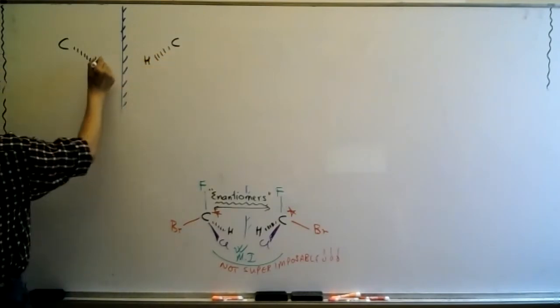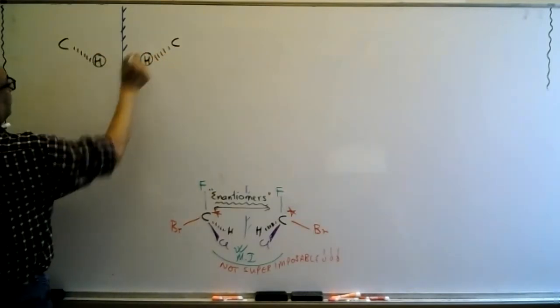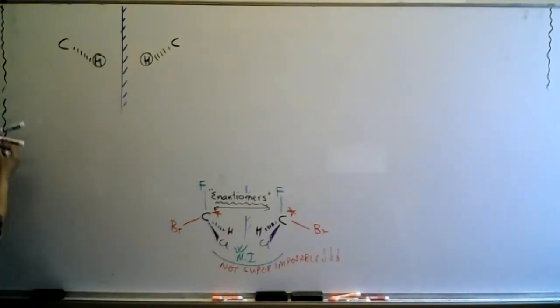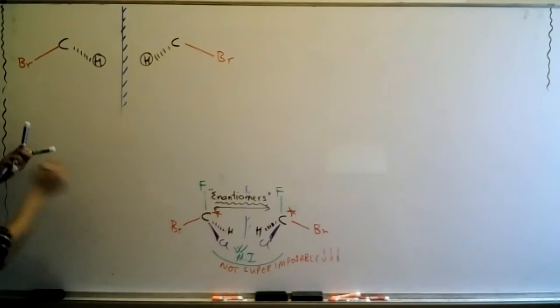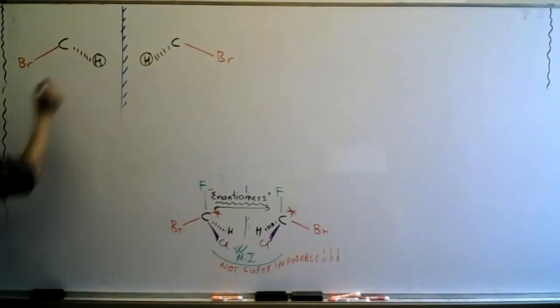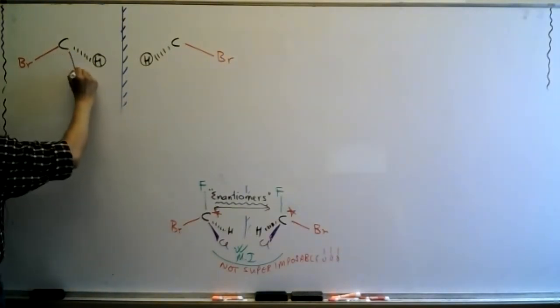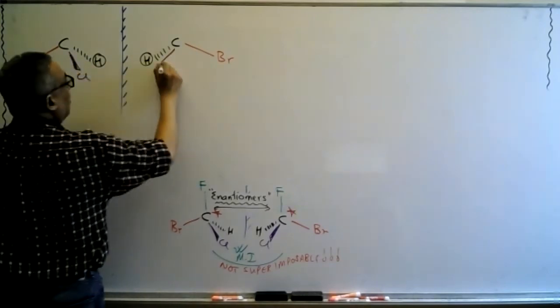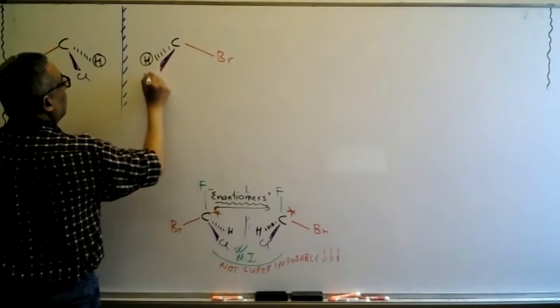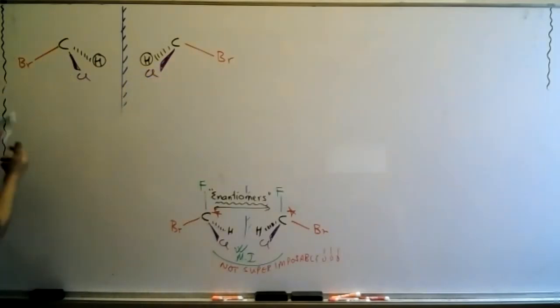Hydrogen. Let's put a circle because the hydrogen is hard to see. It looks like the dashed lines. The bromine is here. The bromine is here. Chlorine is out. And fluorine is up.